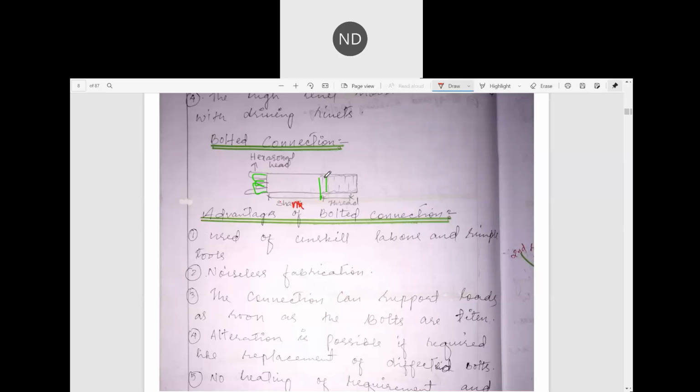Then these portions are your thread, the lines which you see in a screw. In the bolts, that is your thread. This portion is your shank, this is your thread, this is your head. This can be hexagonal, this can be a simple bolt also.